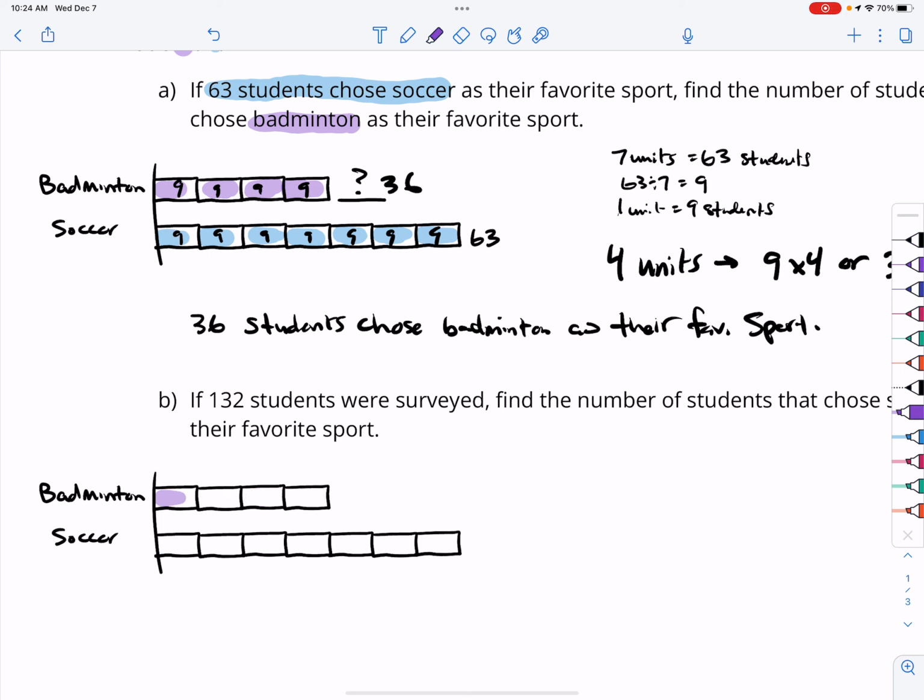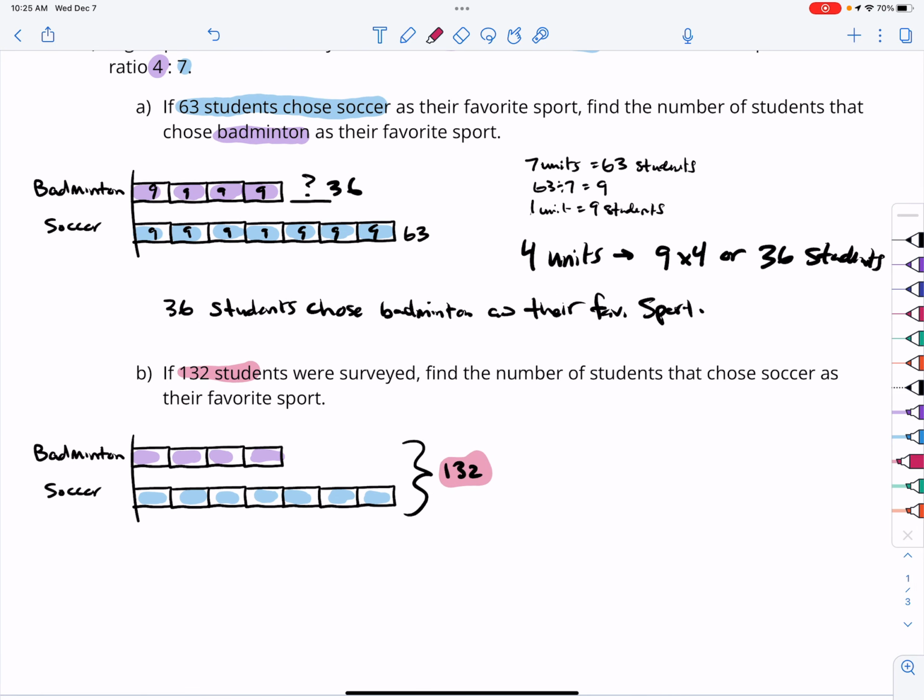Okay, so we still have a 4-to-9 ratio, a 4-to-9 relationship. But we now have the total. So we know that our total amount of students is 132. And so we want to know how many chose soccer.